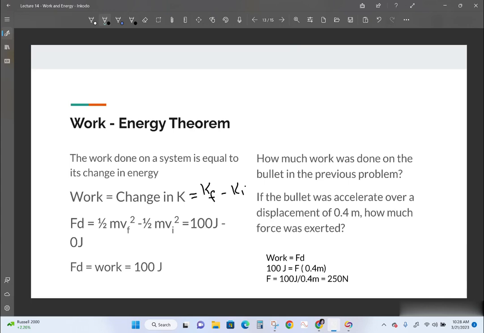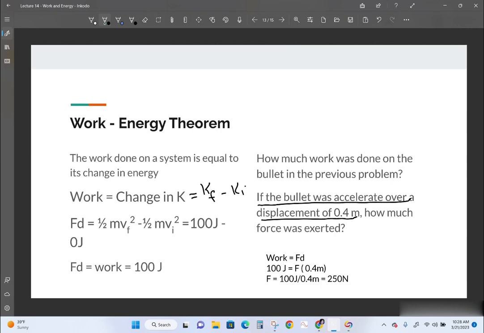So if we plug in our formula, work would be the force times the distance that we're applying it equals the final kinetic energy, 1/2 m vf squared minus 1/2 m vi squared. So if the bullet accelerated over a displacement of 0.4 meters, we could figure out how much force was exerted on it, right?